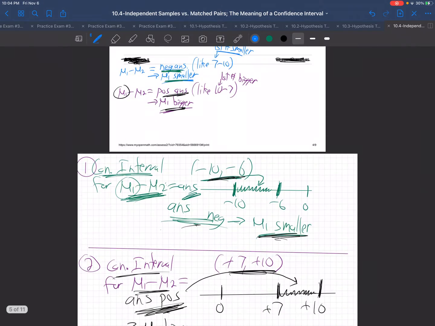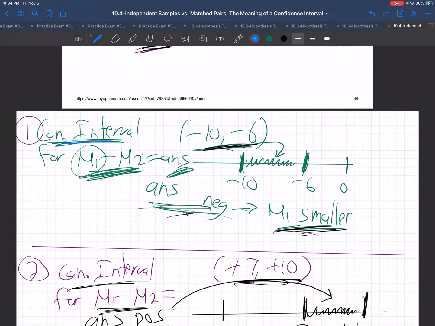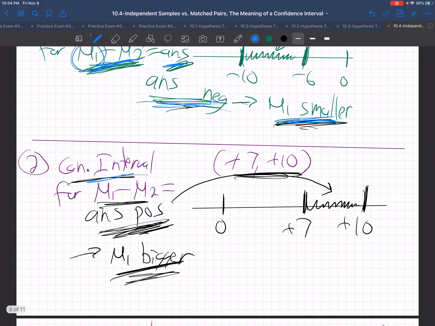So we have three different situations. If you have a confidence interval where there comes out a couple of negative numbers, that means the subtraction answer is negative. And how do you subtract two things that get negative? The first number is smaller. If the confidence interval comes out with two positive numbers, then between two positive numbers, you're positive. If the answer to subtracting two things comes out positive, the first number must have been bigger.